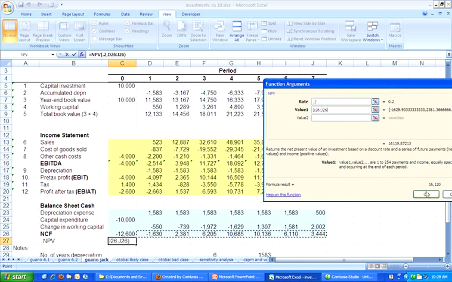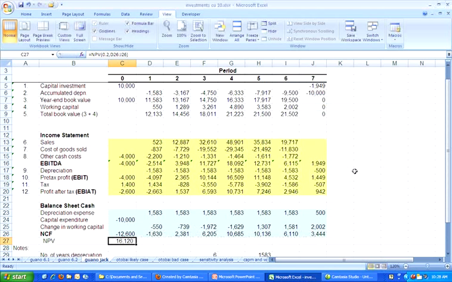I'm going to say OK, and then remember we have to go up to the formula bar and amend the NPV function by adding back in the year 0 cash flow, and there's our net present value for the guano project.